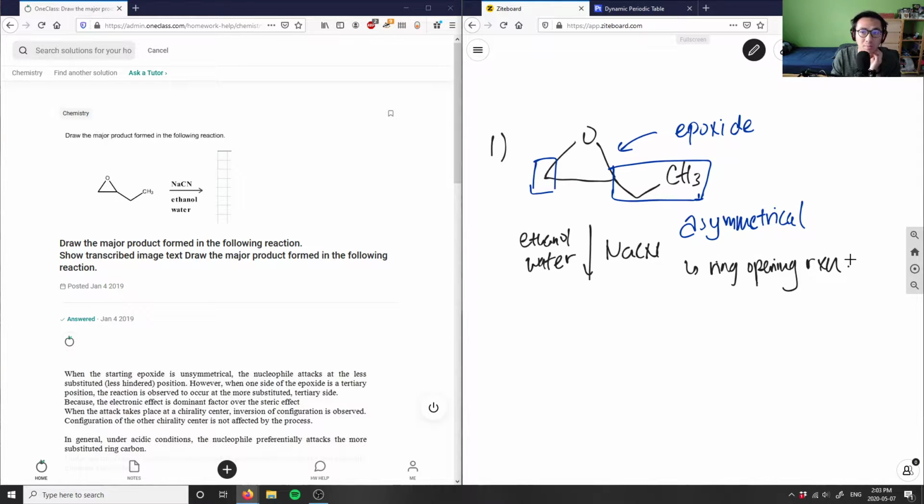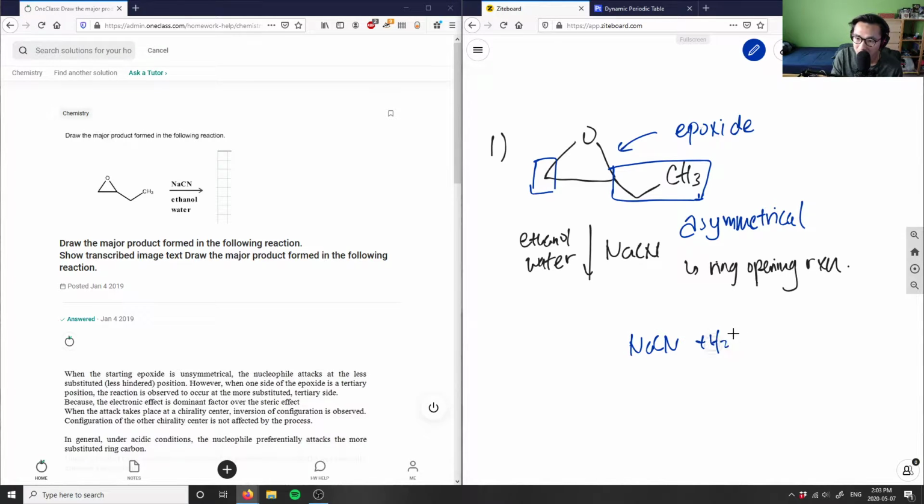The mechanism behind this is different if it's for an acid or a base. Looking at sodium cyanide here, it's not very strong, but it's a basic condition. We know that sodium cyanide is NaCN.